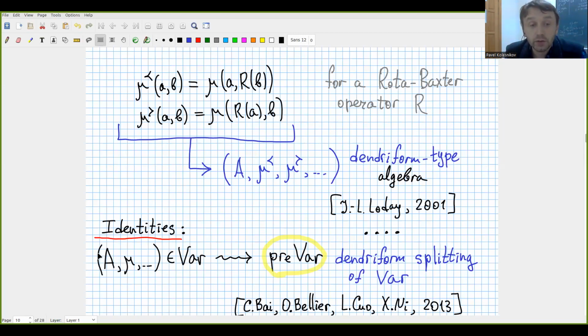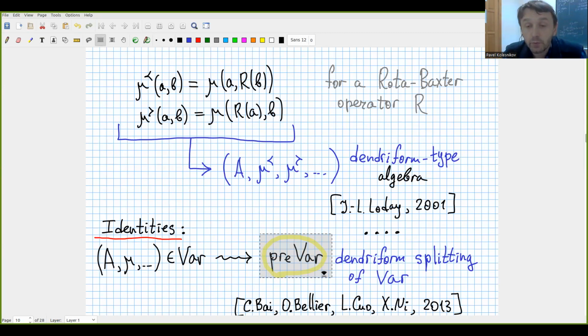If we start from a variety Var, then the derived algebras obtained from all algebras from Var with respect to these operators generate the variety which is usually denoted pre-Var. It is known as the dendriform splitting of the variety Var.